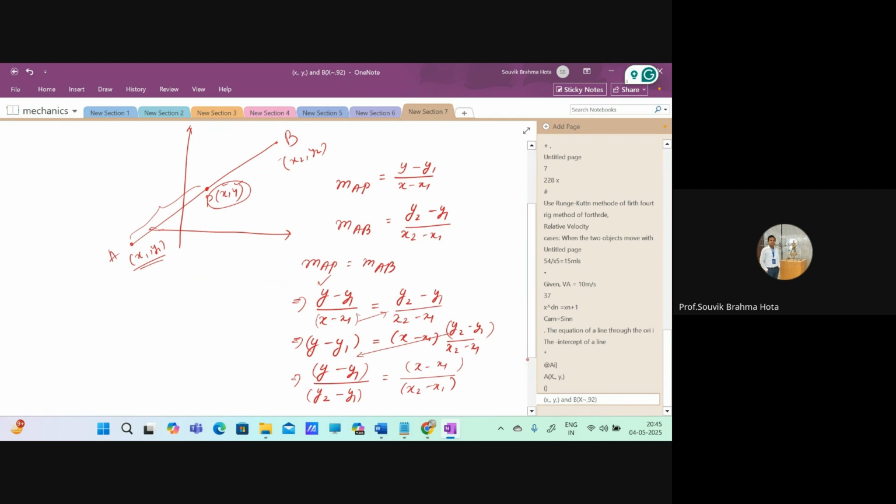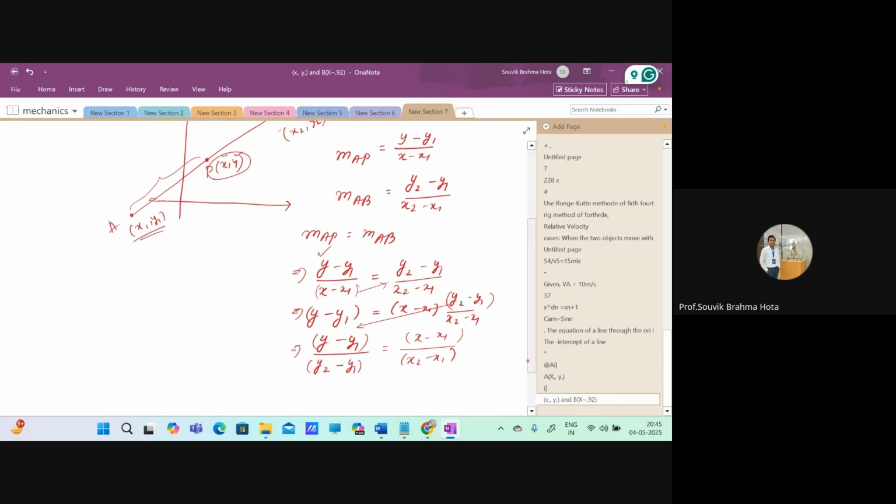So this is the equation of a straight line passing through 2 points, x1 y1 and x2 y2. This is the general form.